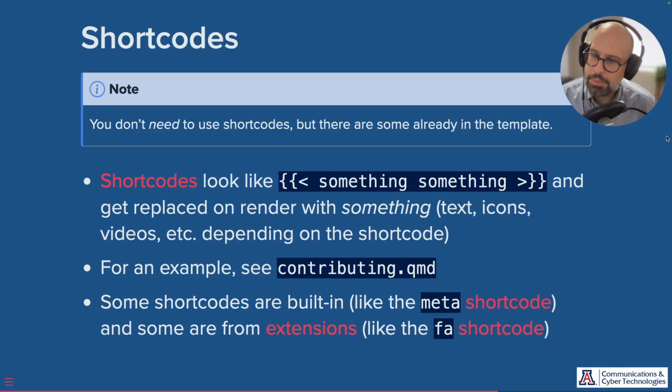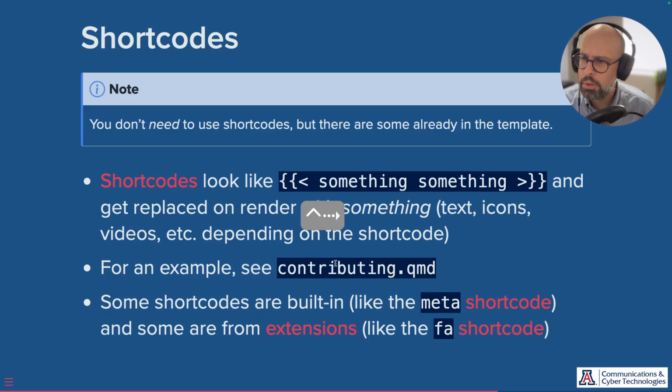And these are something that will get replaced with something when it's rendered, and that something could be an icon or some metadata that's pulled from somewhere else in your book, or it could be a video or whatever. There's lots and lots of different shortcodes, and many of them are extensions to Quarto that allow you to do that.